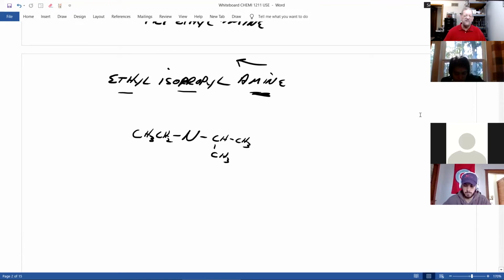Now, how many bonds should nitrogen have? Since you only have 2 here, 3 minus 2 equals 1, that tells you there's a hydrogen there. Similar to carbon, but here we're talking 3, not 4. And that's how you do it.